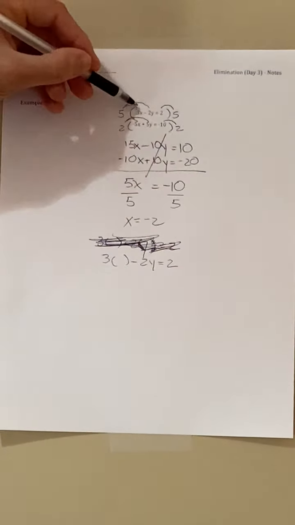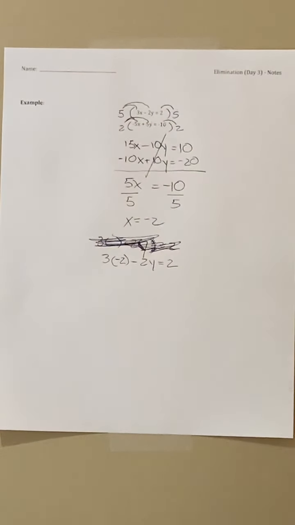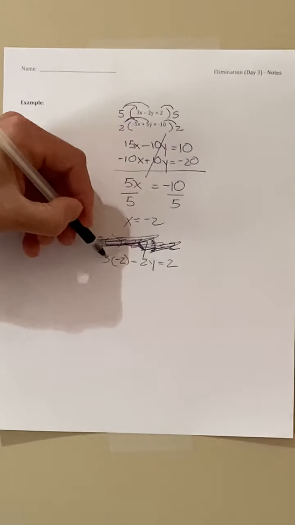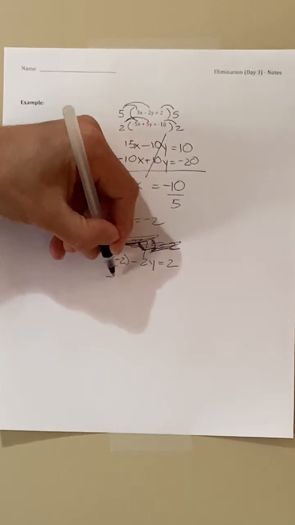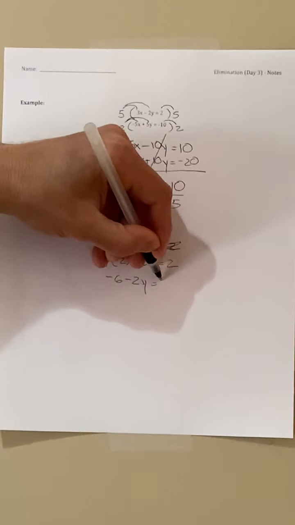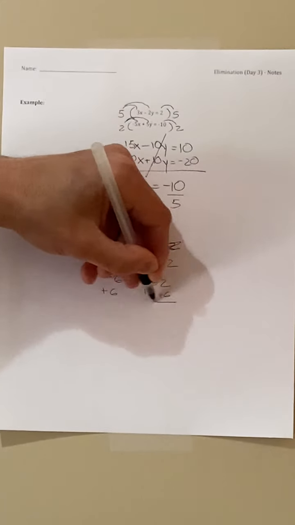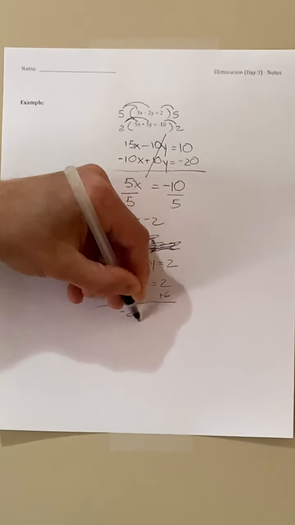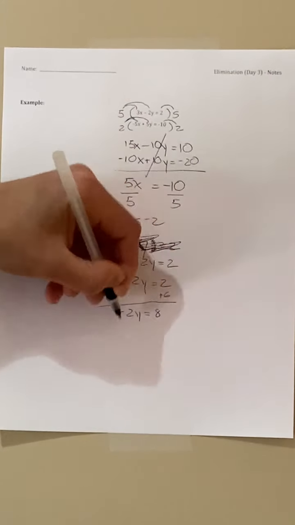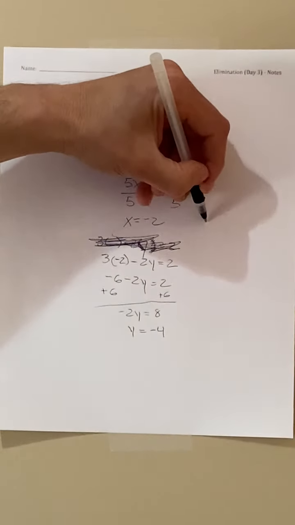So I left a blank space for x because I now know what x is. X is negative 2. So 3 times negative 2 gives me negative 6 minus 2y equals 2. Add 6 to both sides. Negative 2y equals 8, or y equals negative 4.